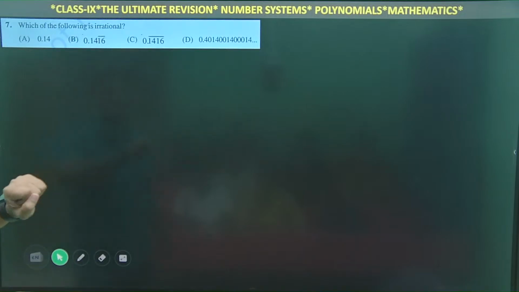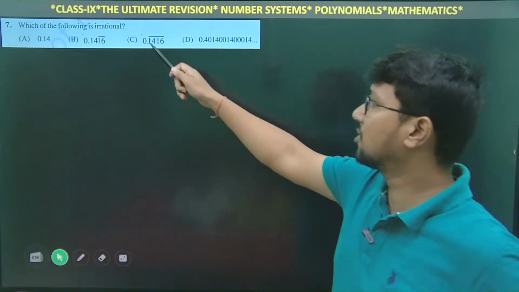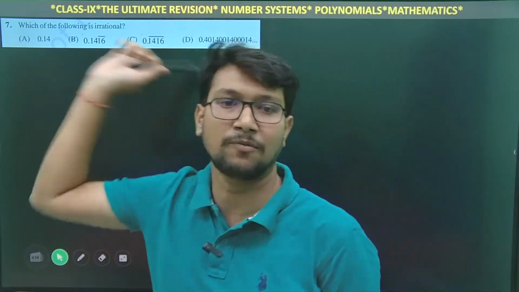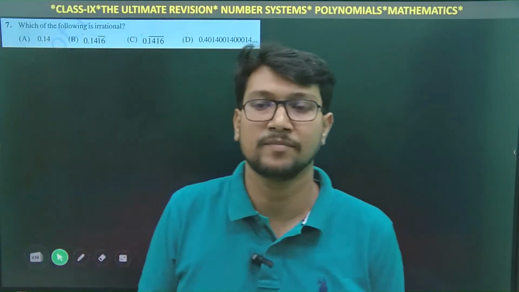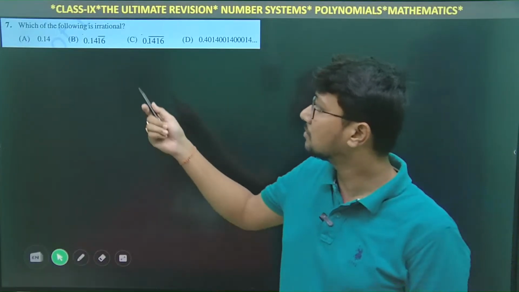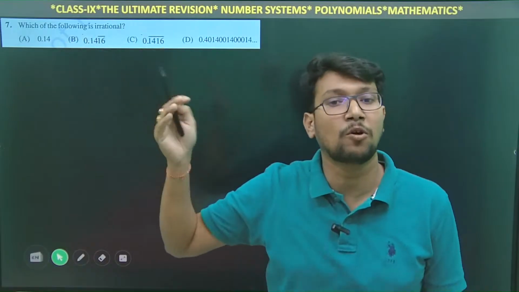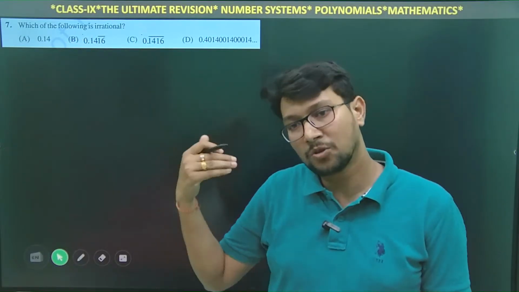Next question. See this question. Clear? Okay. Which of the following is irrational? Irrational means what? Very good. All options are given in which form? Decimal.